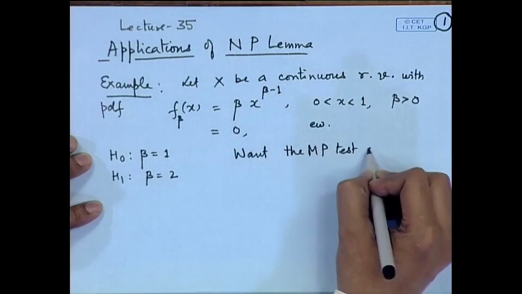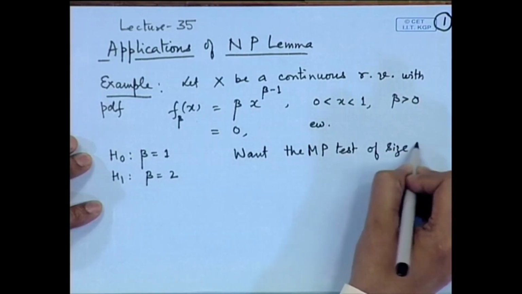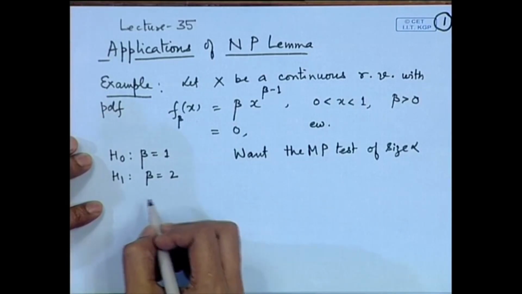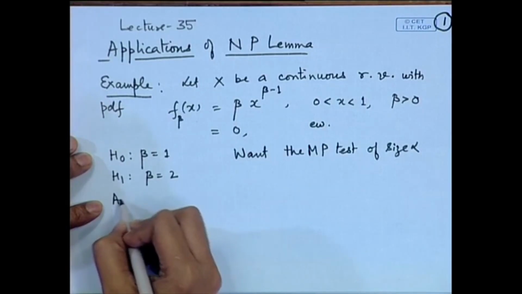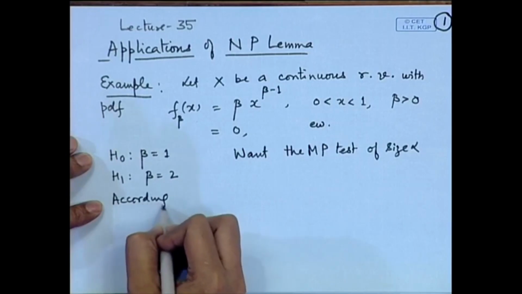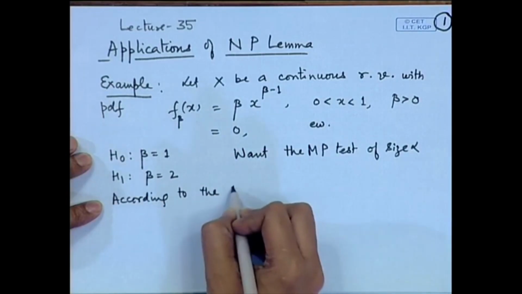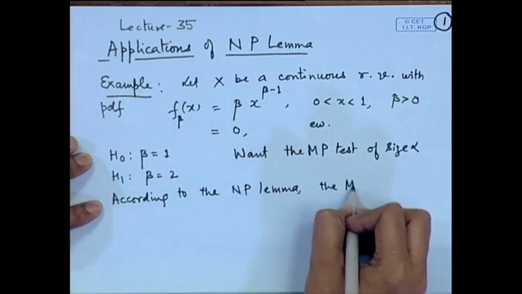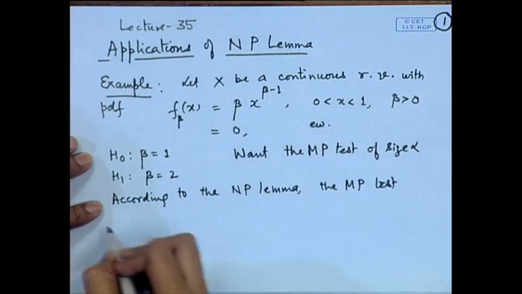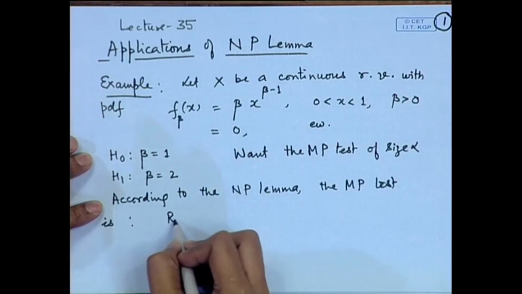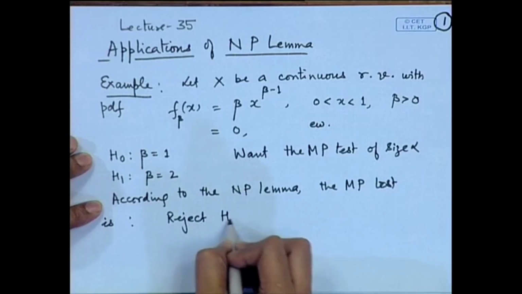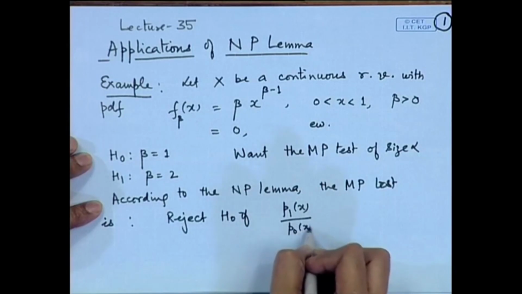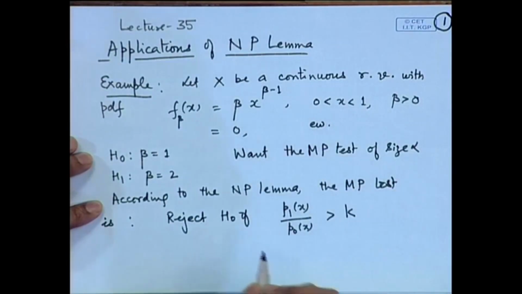We want the most powerful test of size, or level, alpha. According to the Neyman-Pearson lemma, the most powerful test is: reject H naught if p 1 of x by p naught of x is greater than k.